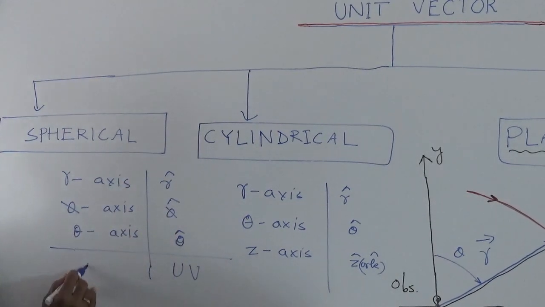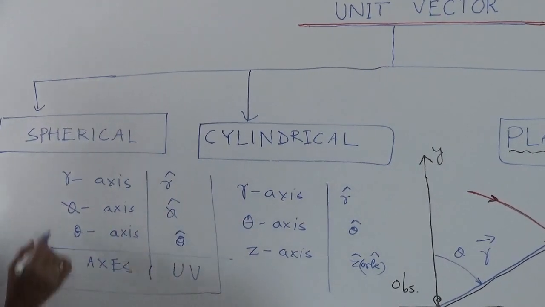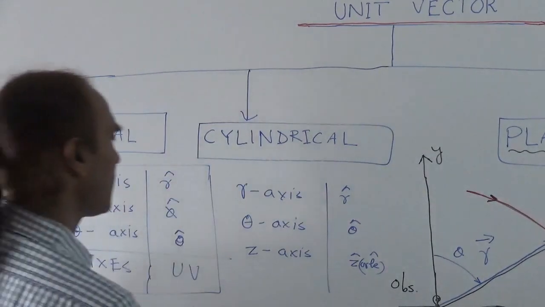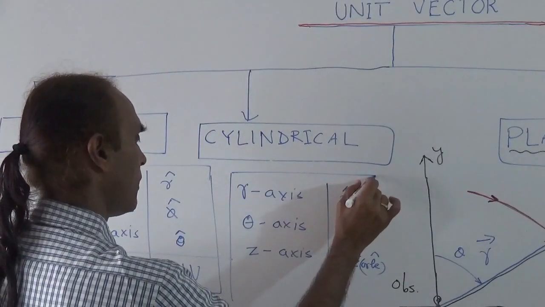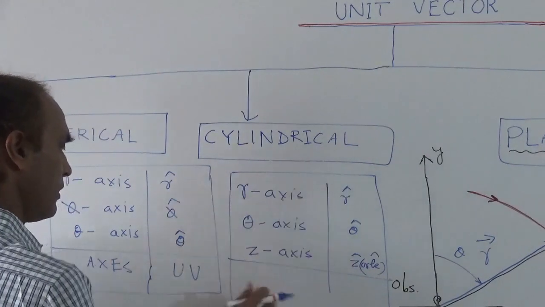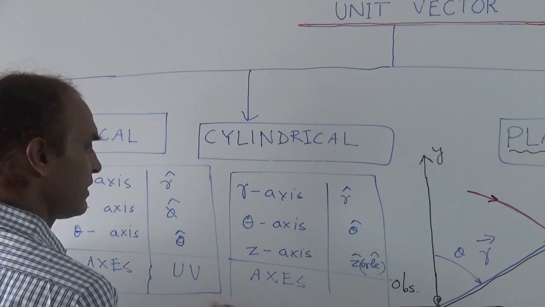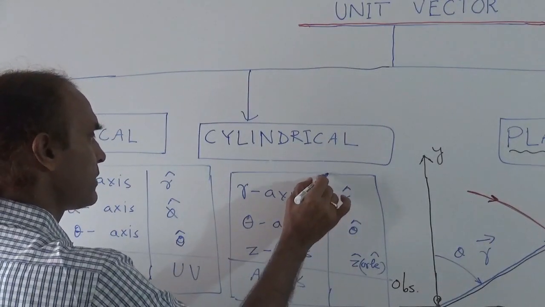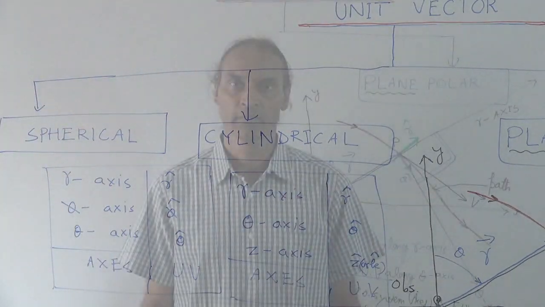This column is the axis and this column is the unit vector.